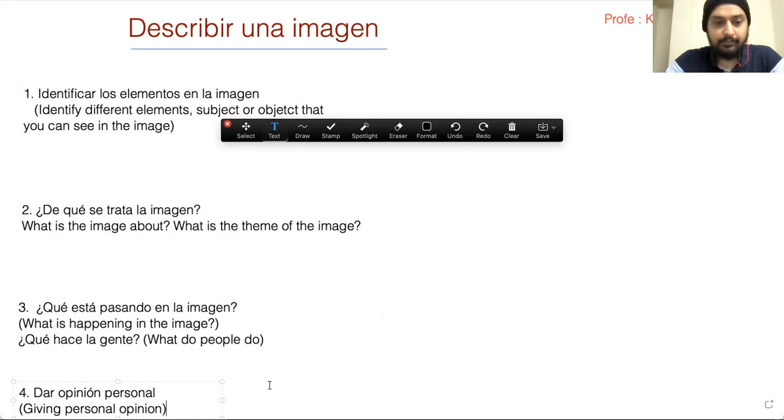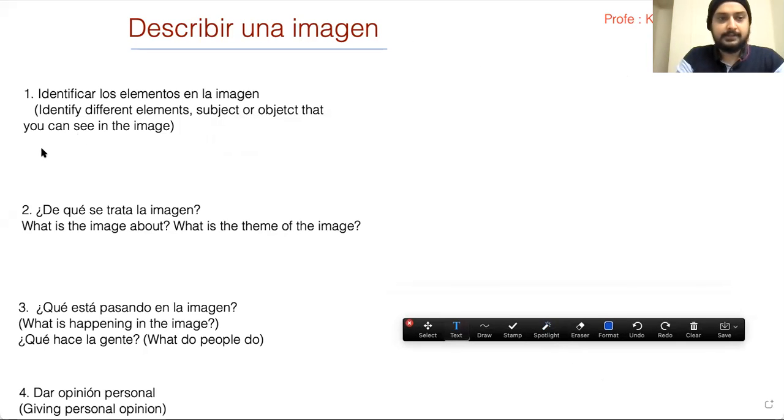Okay, let's see how it works. So we will use a few sentences. Identificar los elementos. So how can we identify? En la imagen hay.